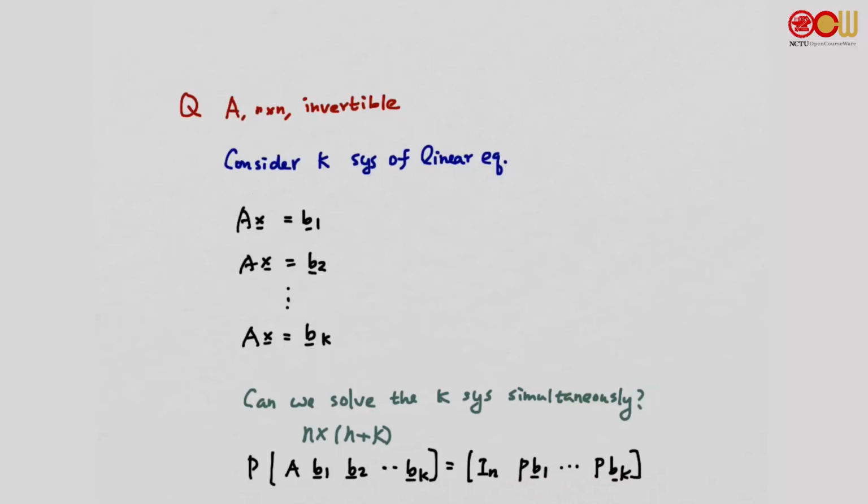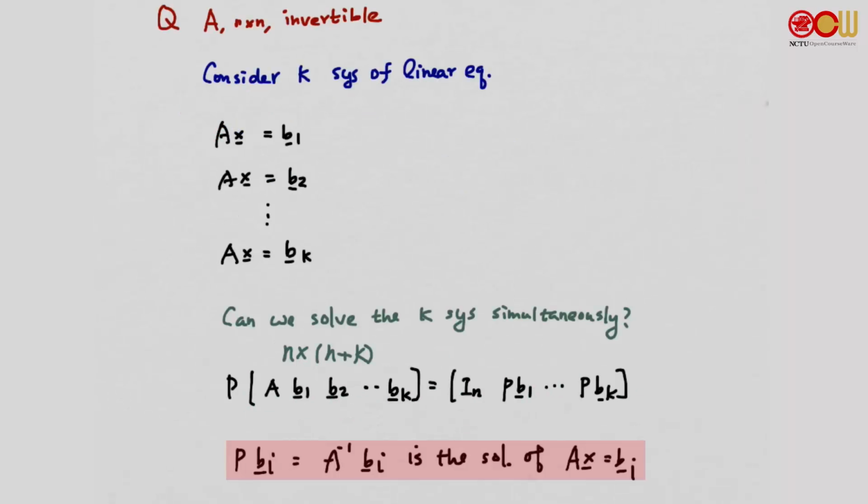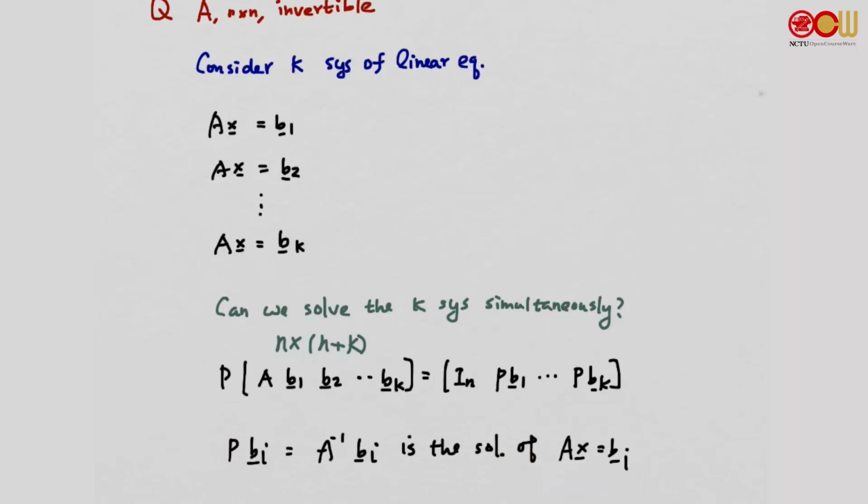Since A is invertible, we know what P is, right? What is P? P is A inverse. So PBi is simply A inverse Bi, which is the solution of AX equal to Bi. So by applying Gaussian elimination on this augmented matrix, we can obtain the solution for the K systems of linear equations simultaneously.